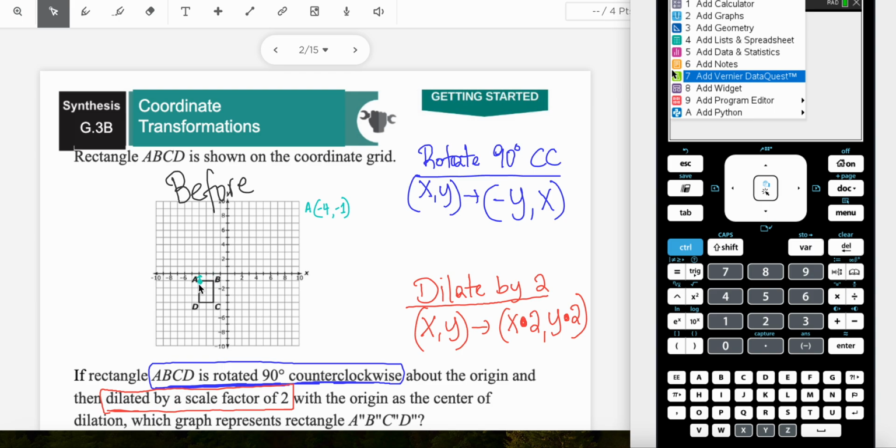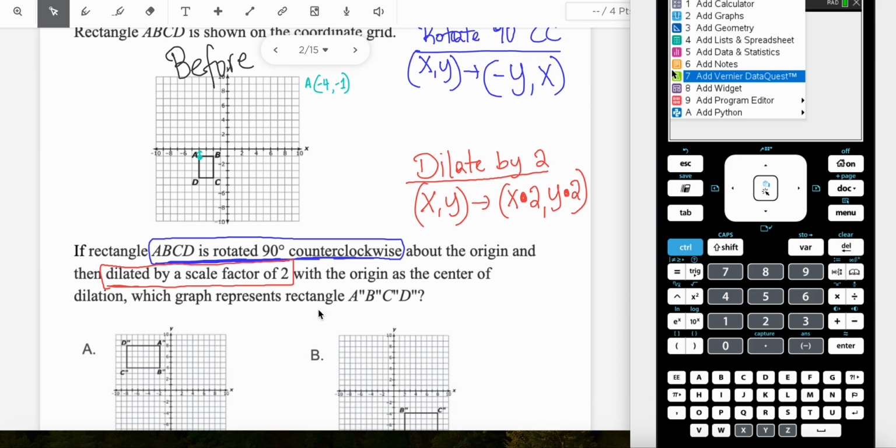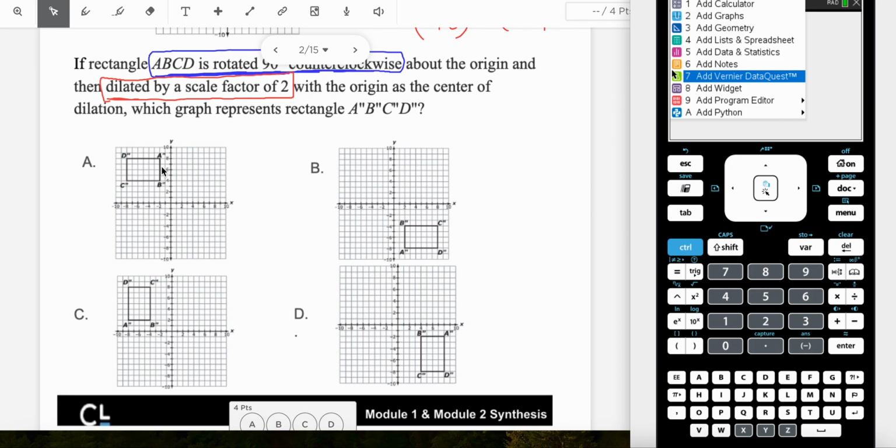So after we have done these 2 transformations, we're going to look at which of these have the A prime prime. So we're looking at the A. Let me circle my A prime prime here. So for this one, the coordinate is going to be -2, 8. For this A prime prime, the coordinate is going to be 2, -8.